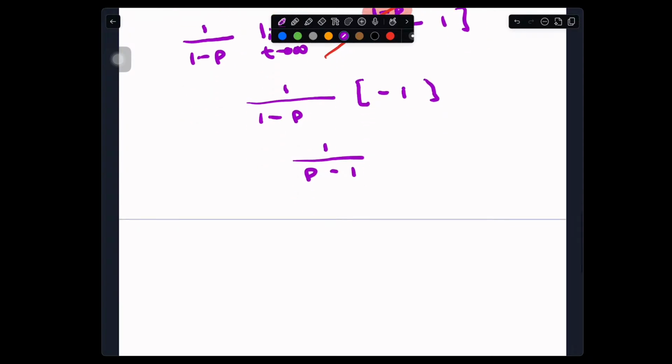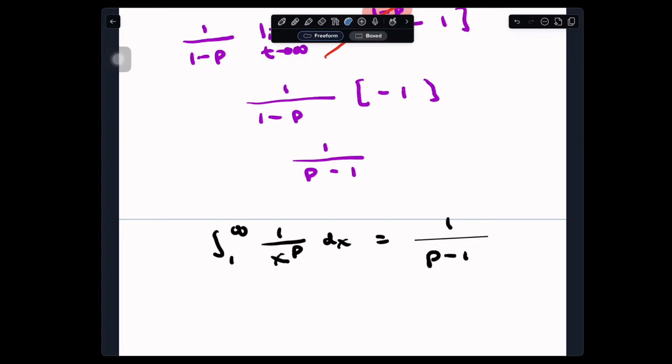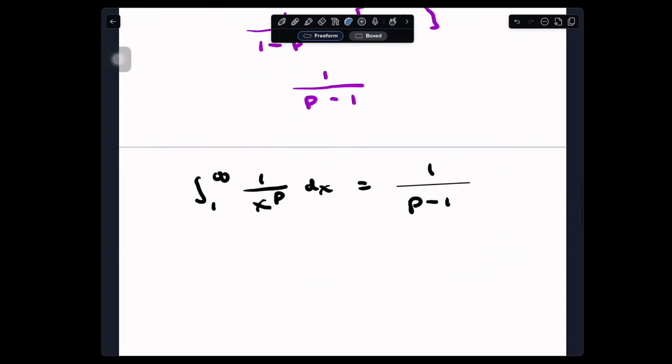And what we're concluding here now is that when we integrate from 1 to infinity, 1 over x to the p dx will be 1 over p minus 1, which is finite, only when p is bigger than 1. So we get convergence here to the value 1 over p minus 1. This number is a finite value.